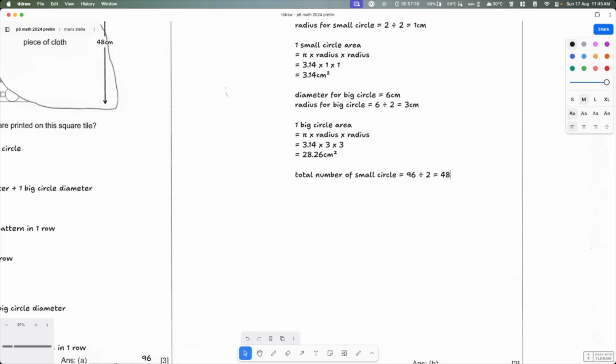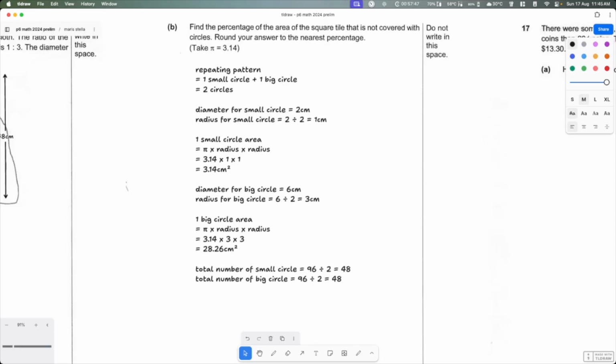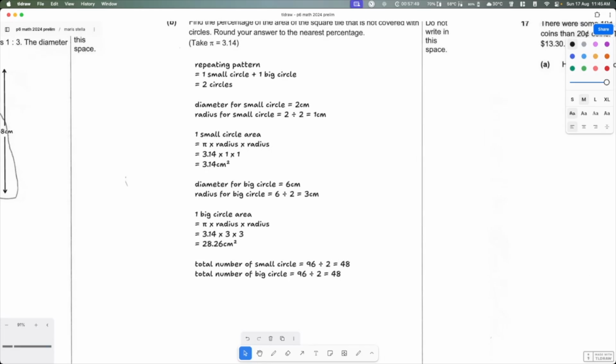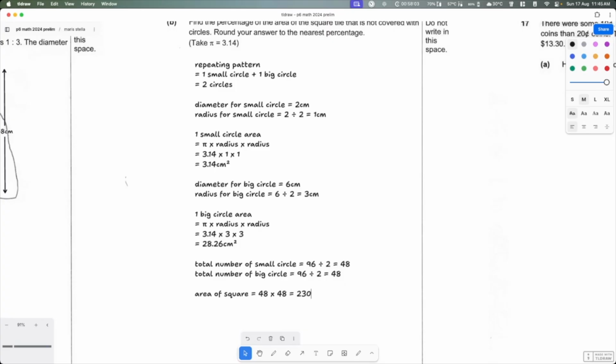The same goes for the big circles, which is 48 as well. Now we just need the area of the square, which is 48 times 48. This will give you 2304.